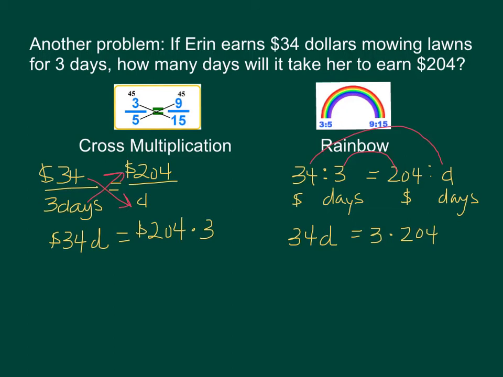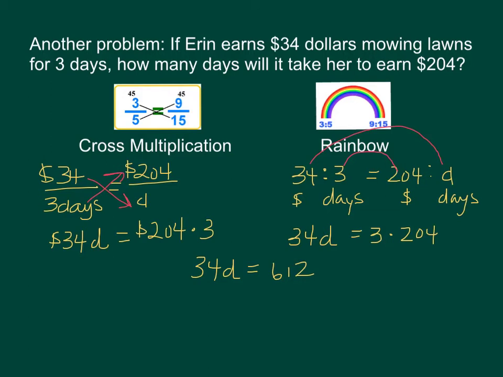Now on both problems at this point we solve them the same way. So they would both end up being 34 times d, or unknown days, is equal to 3 times 204. Well, 3 times 200 is 600. 3 times 4 is 12. So now we're going to use our algebraic solutions.